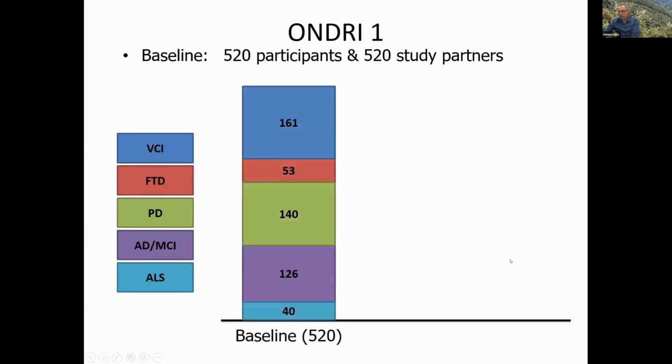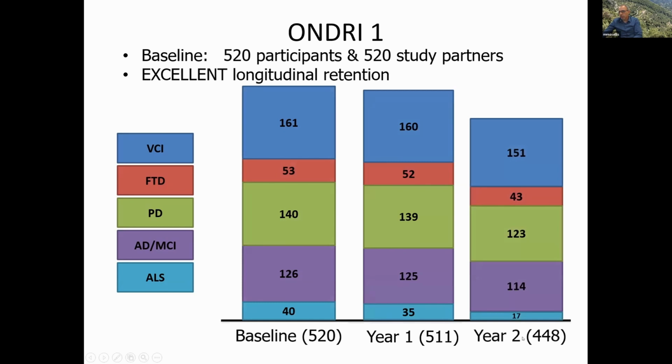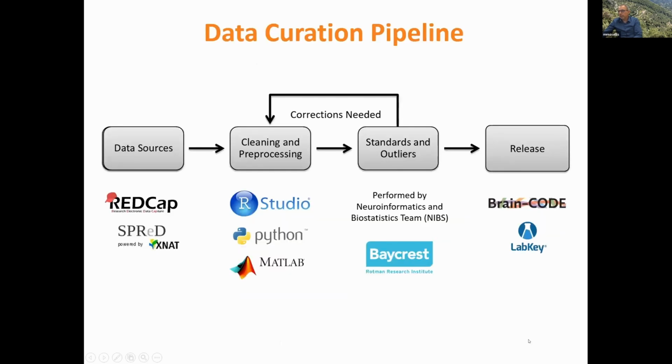In terms of our initial subject recruitment, there were 520 participants. 161 had cerebrovascular disease, 53 FTD spectrum disorders, 140 Parkinson's disease, 126 AD/MCI, and 40 ALS. Our retention over time was quite good for a longitudinal cohort.